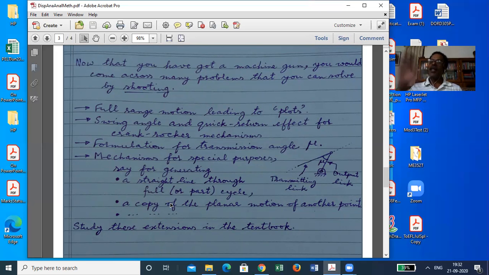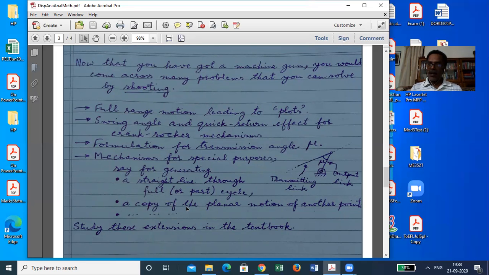But then it would be a true replica of the original point which we are moving from our own commands. So that is a copying mechanism, pantograph.